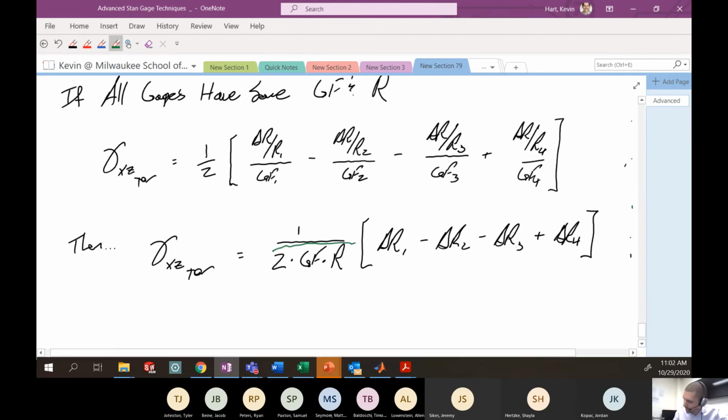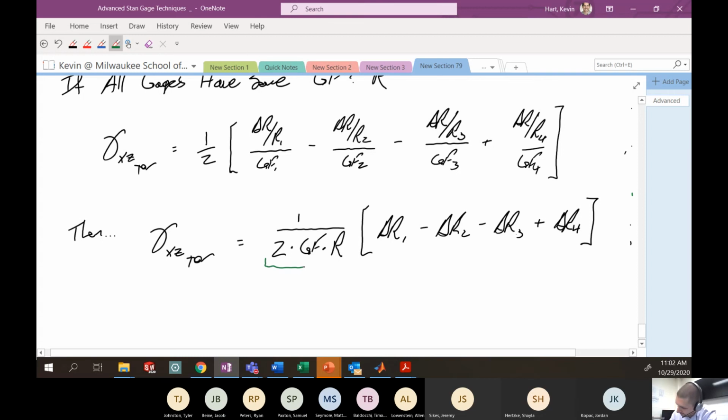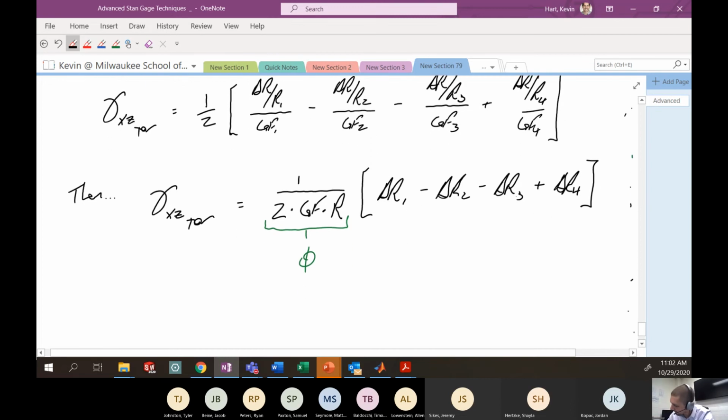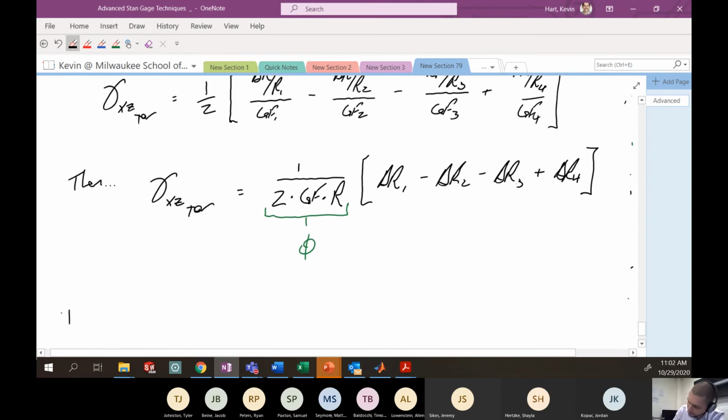This here is just a constant value. The gauge factor is a number, and the initial resistance of the gauge is some number. We typically give this the variable phi. Then phi times gamma x z torsion is equal to the change in resistance reading that you're going to measure from your gauges.